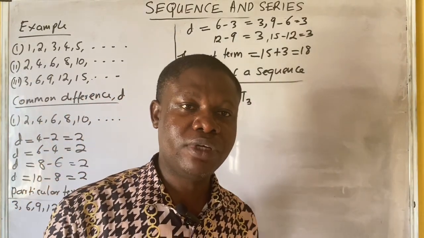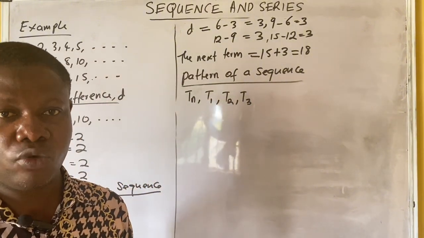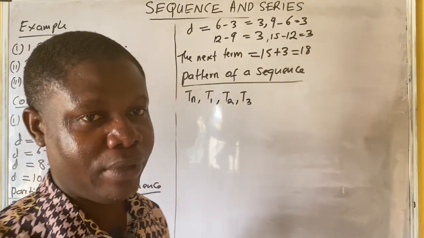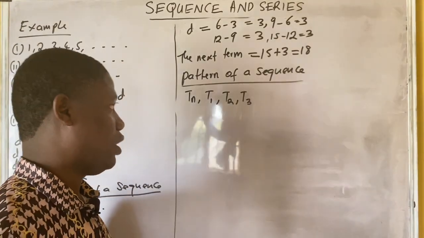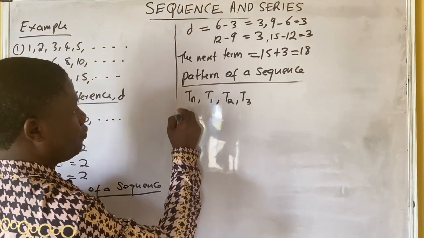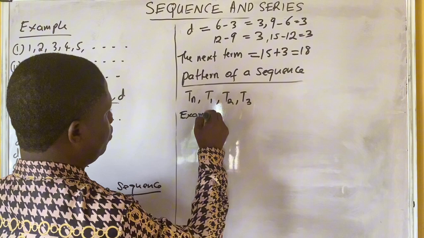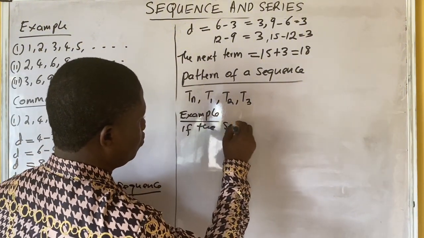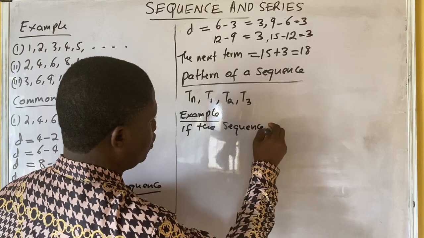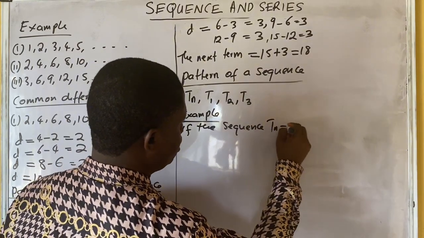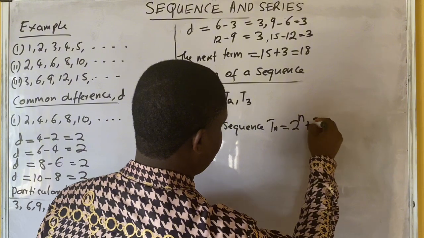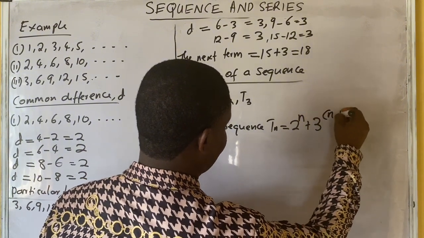Sometimes you may be given the general formula of a sequence, and you are required to generate the numbers that make up that particular sequence. Let's take, for example, if the sequence Tn is given as 2 raised to the power of n plus 3 raised to the power of n minus 1.